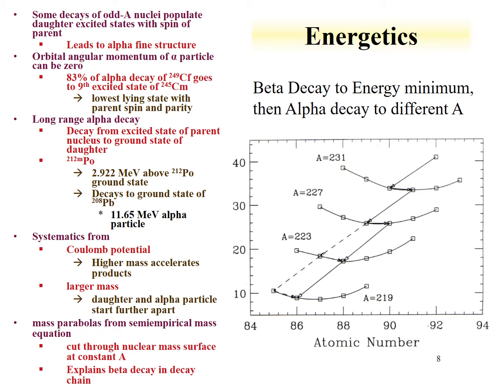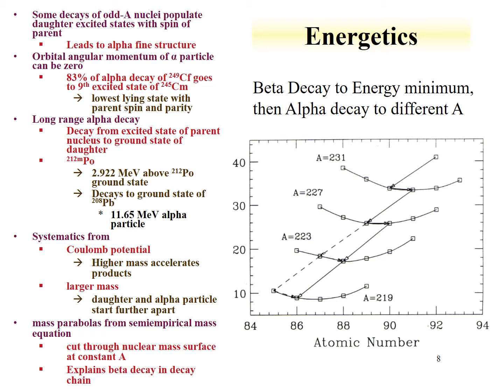What's interesting about lead-208 is that the magic nuclear properties of lead-208 can help drive that decay from the metastable state all the way to the ground state of the daughter.